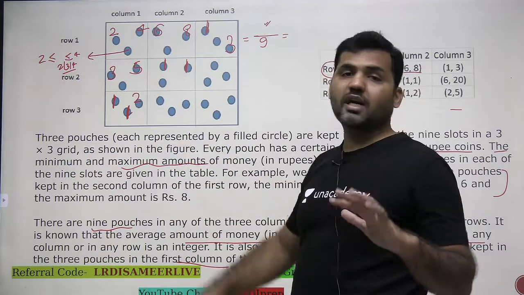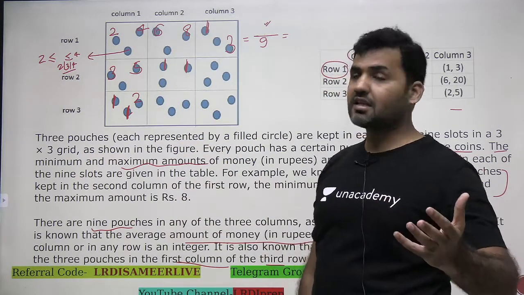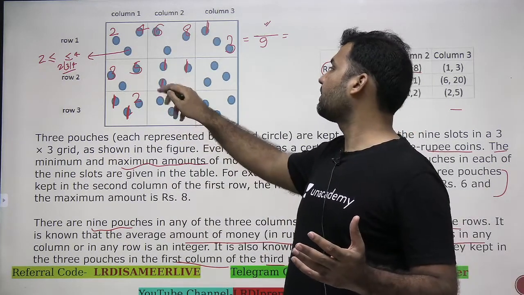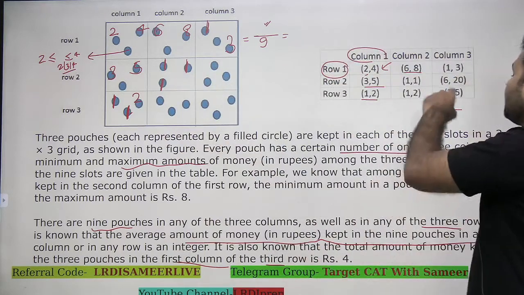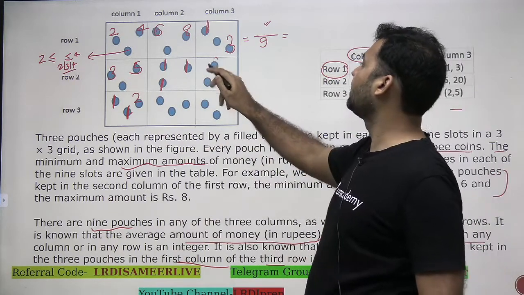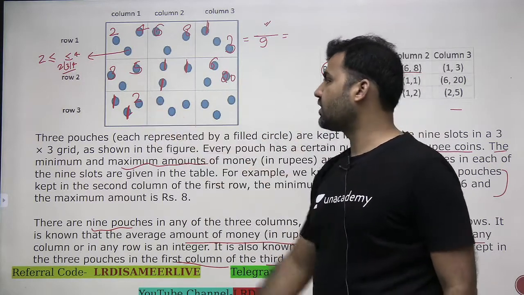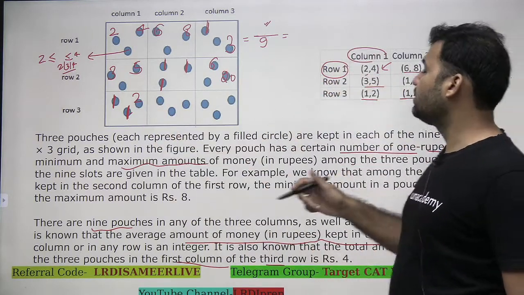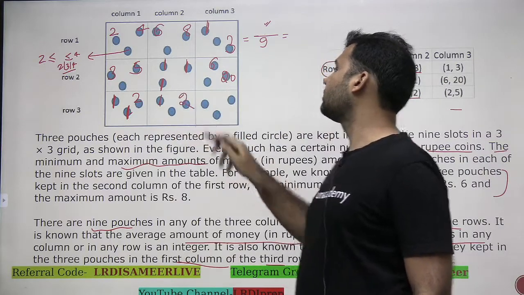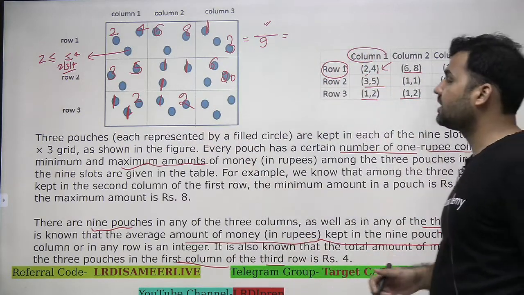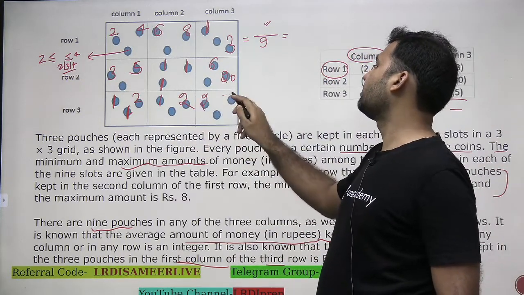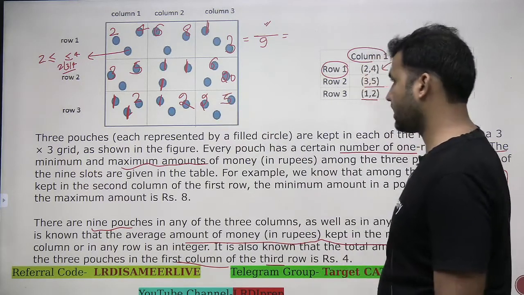That means this value cannot be anything other than 1. So this has to be 1 only. If you look at this particular cell, minimum 6, maximum 20. If you look at this one, we have already filled this. This is 1, 2, again minimum 1, maximum 2. This says minimum 2 and maximum 5. All right.